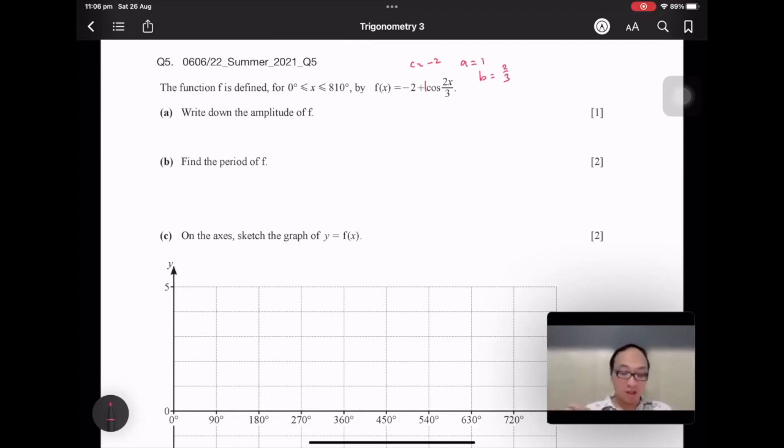So the amplitude of f is 1. Find the period of f. So the period is 2 pi or 360 divided by b. So it's 2/3, which equals 540.